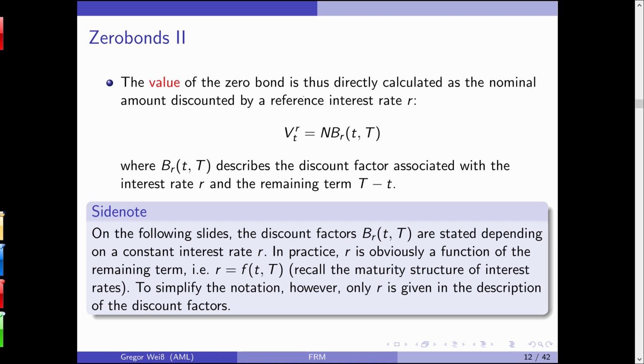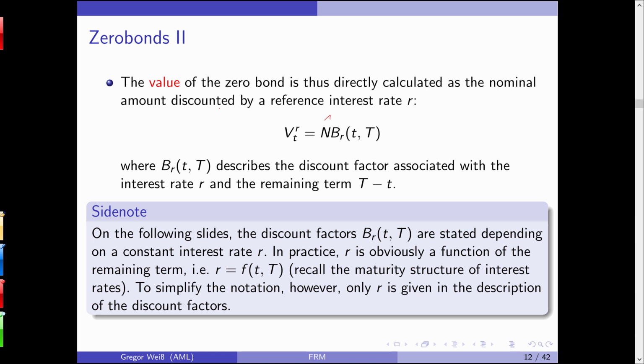So by multiplying the notional value with the Zerobond price, you get the arbitrage-free price of the Zerobond. And you can see, actually, if the notional is 1, it's quite simple that the prices should be equal. Okay.